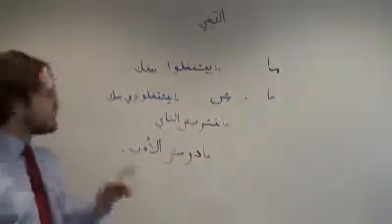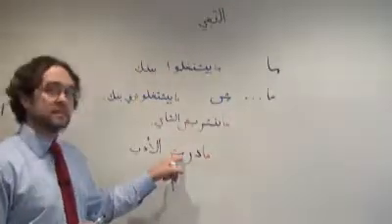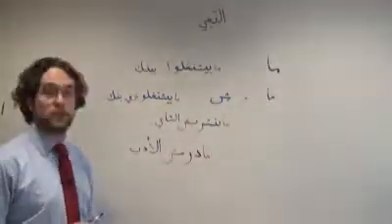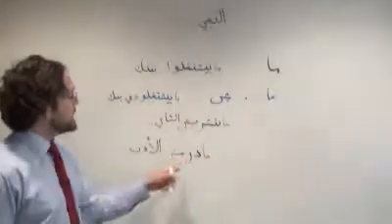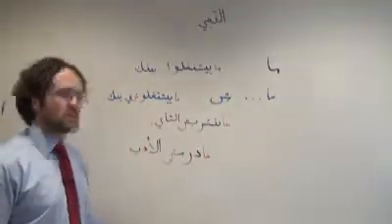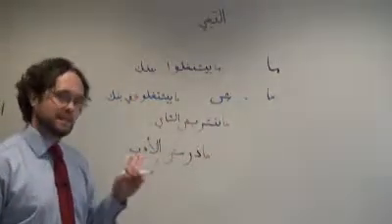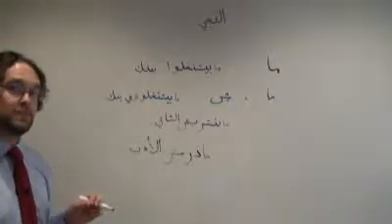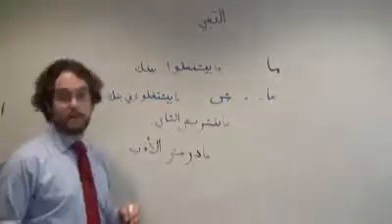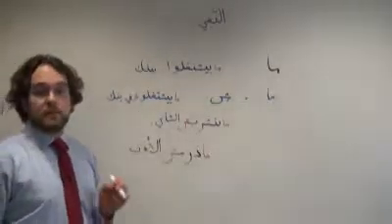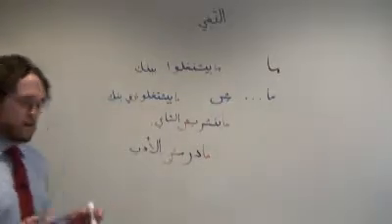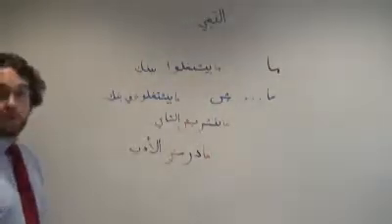And we need to hear that sheen clearly so we can understand what verb we're talking about, darasa, to study, and we need to hear the sheen. So you might want to practice that. It can be a little bit of a tongue twister if you're not used to it. ما درسش الأدب.